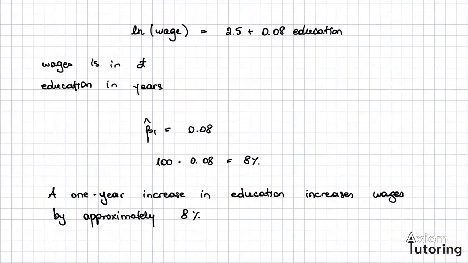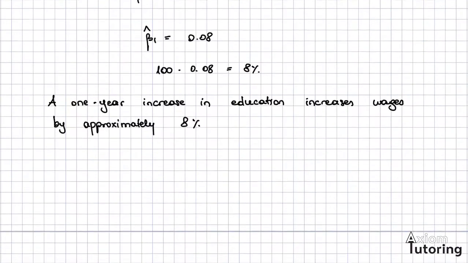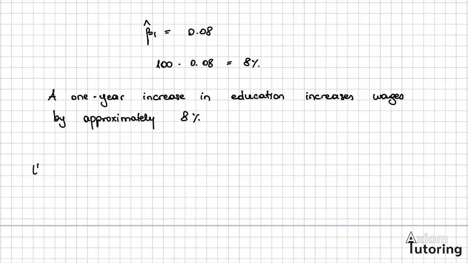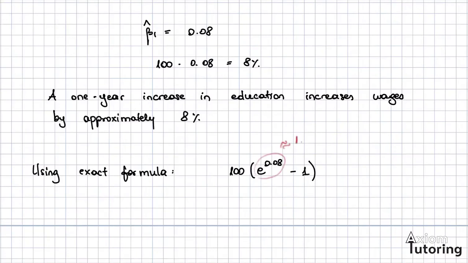Now, what if you were asked to use the exact formula? So let's do that as well, and you can see and compare the two of them together. So using the exact formula, we would have 100 times e to the power 0.08 minus 1, where e to the power 0.08 all by itself is approximately 1.0833.